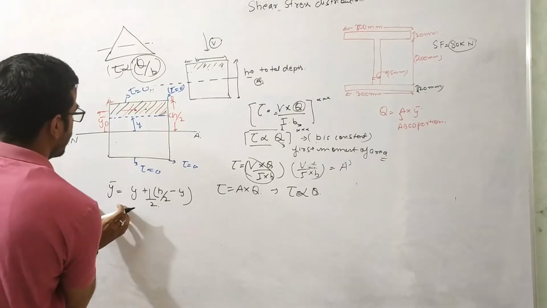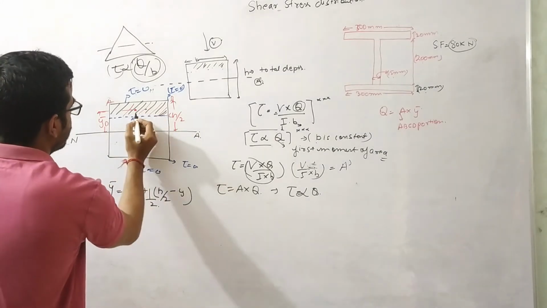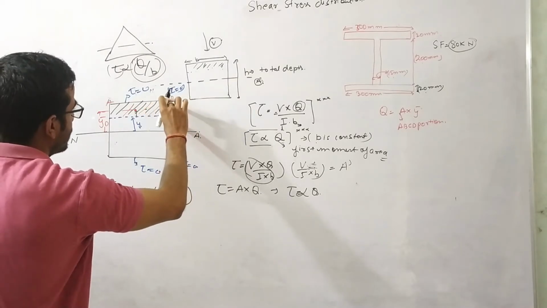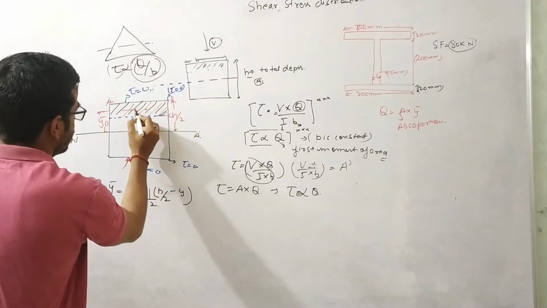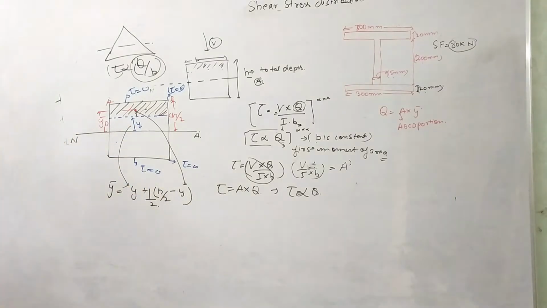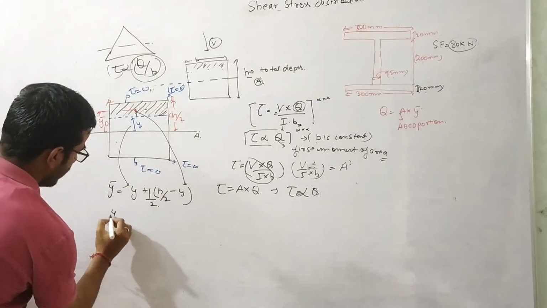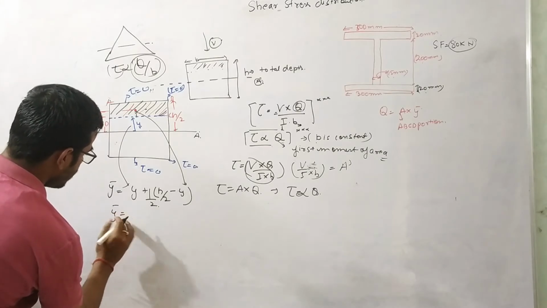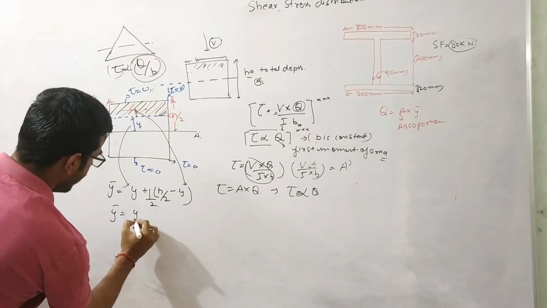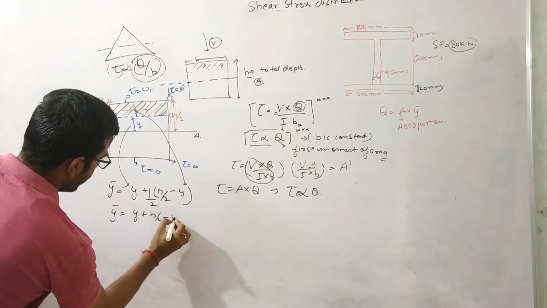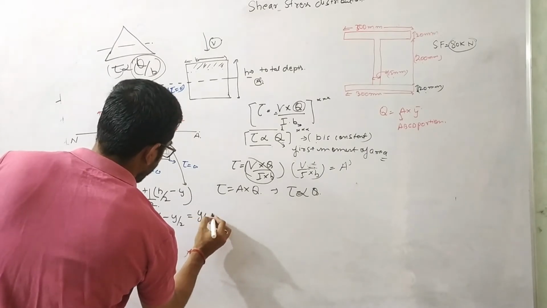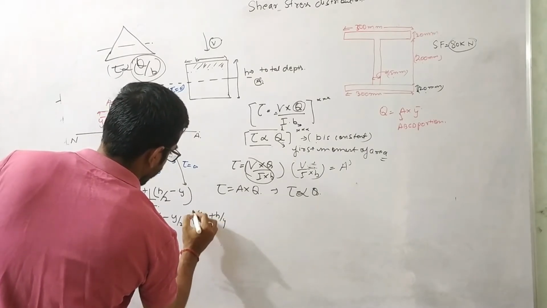This will be my y bar. What will be this distance? This is (h by 2 minus y) divided by 2, and this is y bar. So if I solve this, y bar is equal to y plus h by 4 minus y by 2. So y bar will be y by 2 plus h by 4.